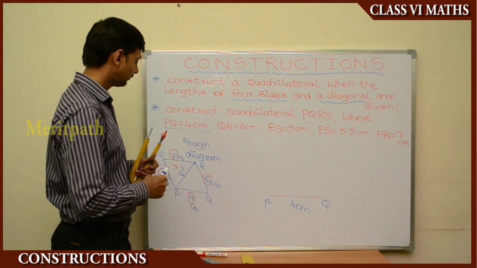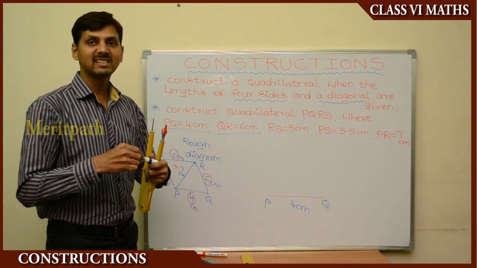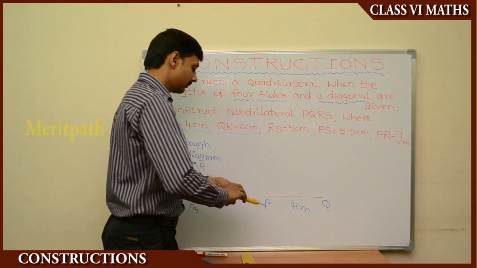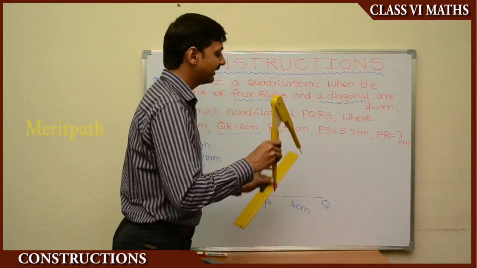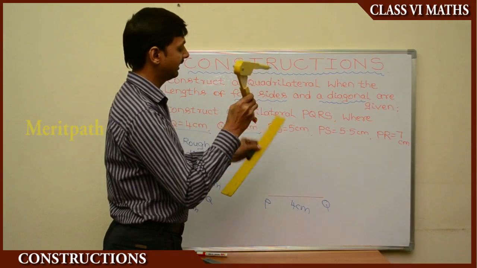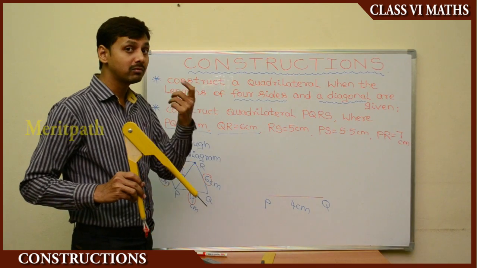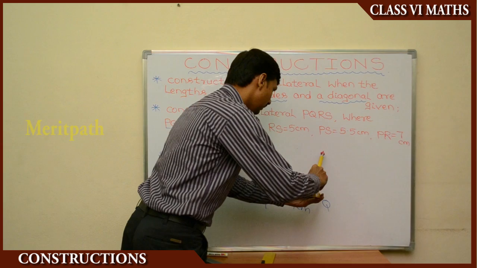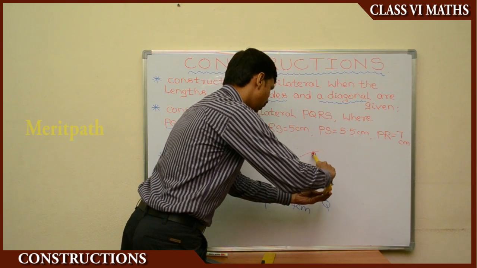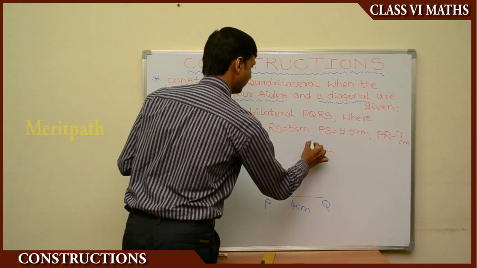After that, QR is 6 centimeters. Take 6 centimeters radius on the scale. This is 6. So QR we construct using the vertex Q. We got R somewhere here, the point.